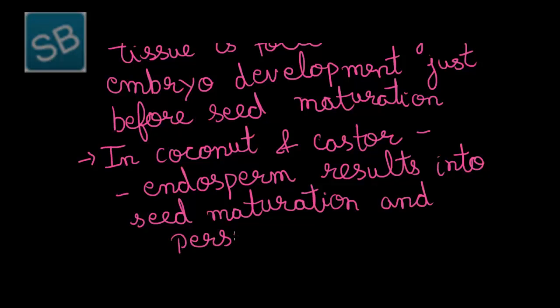That is, persist in the form of mature seed for some time. Thus, this is all about the endosperm development, which is followed further by another event, that is embryo development.